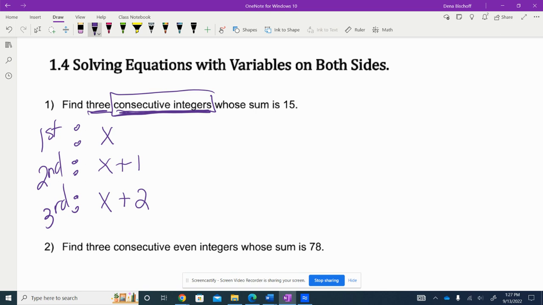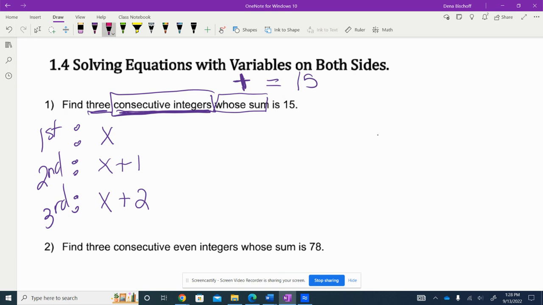If you can do that, then the rest of it is just solving the equation. It says we have 3 integers whose sum is. What does the word sum mean? What are we doing to them to add them up? What operation is it? Addition. Good job. So we're going to add all these integers and they have to equal 15.